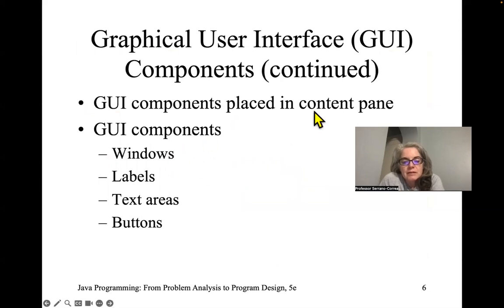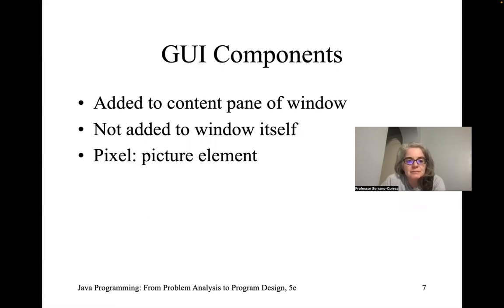So inside a content pane, so that would be like the box, the window, we're going to have our labels, our text boxes, our text areas, and our buttons. And then here it's just talking about how our picture element is in pixels.